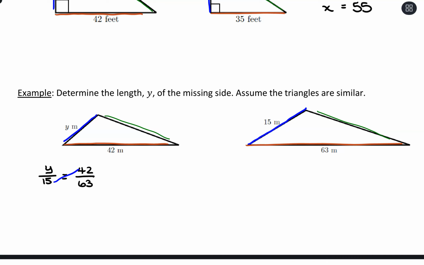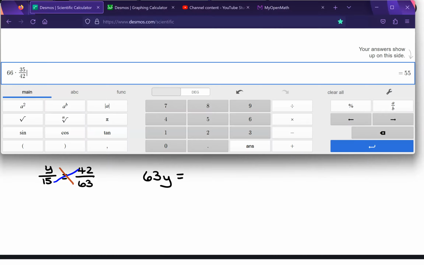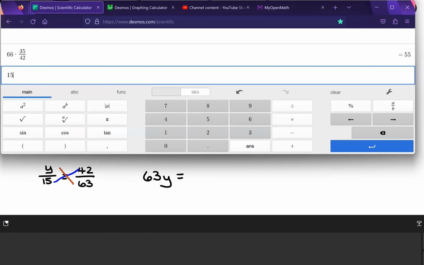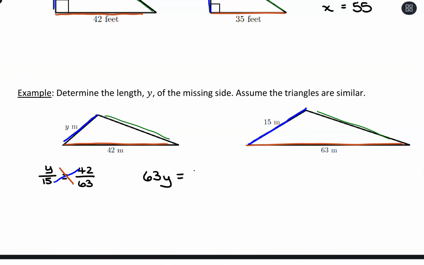Let's go ahead and cross multiply. So we're going to have 63 times y equals 15 times 42, which is 630. Divide both sides by 63, and that should leave us with 10. So our missing side length there is 10 meters.